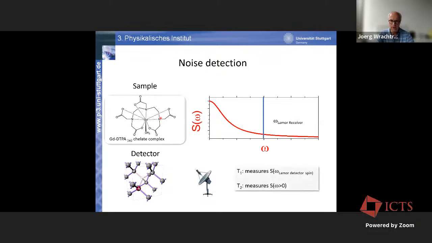So what we want to measure now is exactly this noise power spectral density. Typically, we employ different control sequences on our electron spin to measure the different frequency ranges in this noise power spectral density.